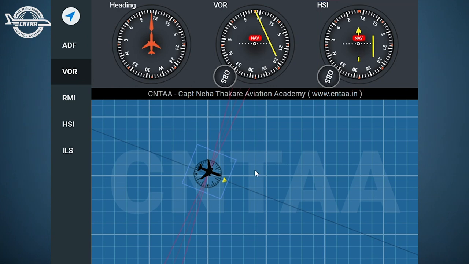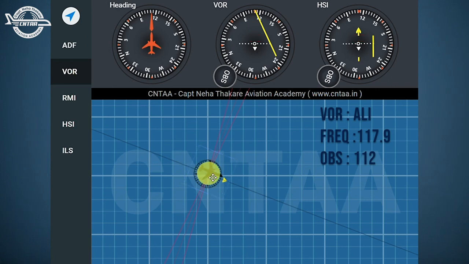Once you have tuned and identified the Alpha Lima India VOR, then as you cross the VOR, set the OBS to 112. Once you set the OBS, maintain the heading according to the prevailing winds and make sure CDI stays in the center. To-from indicator indicates from, and aircraft is going away from the station.